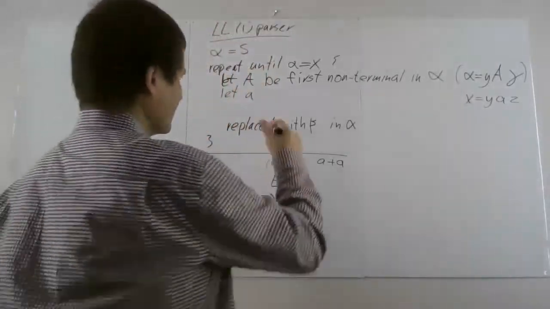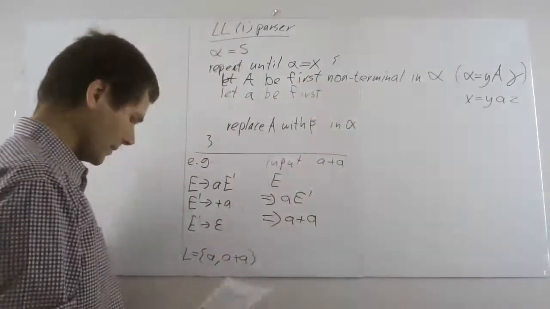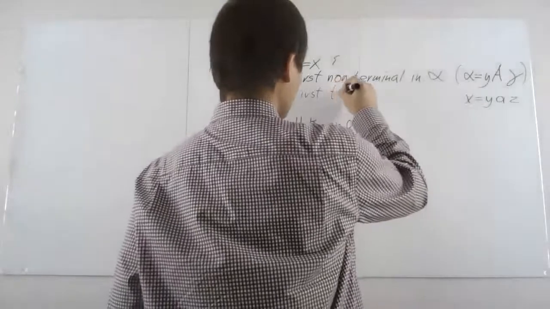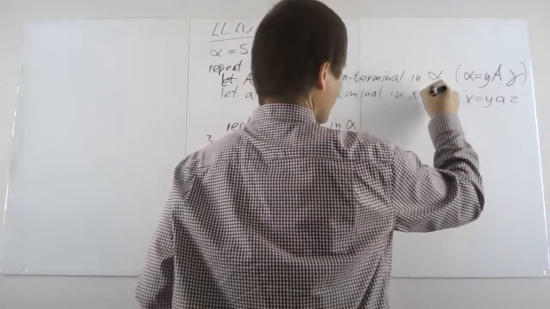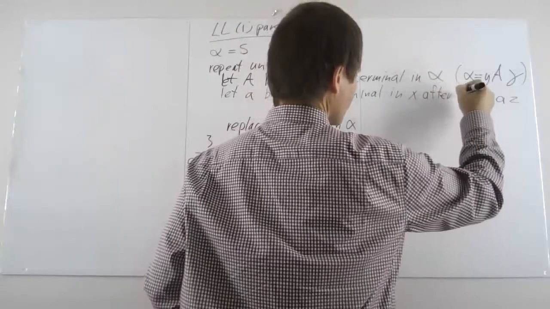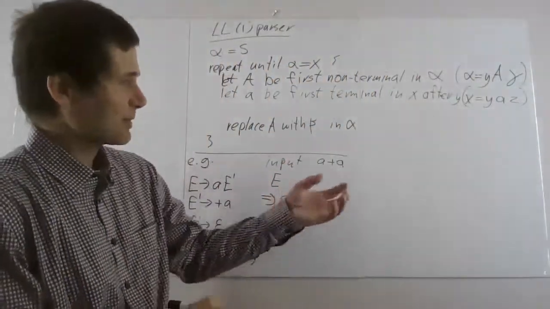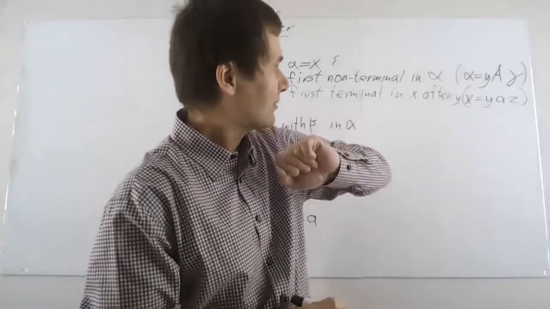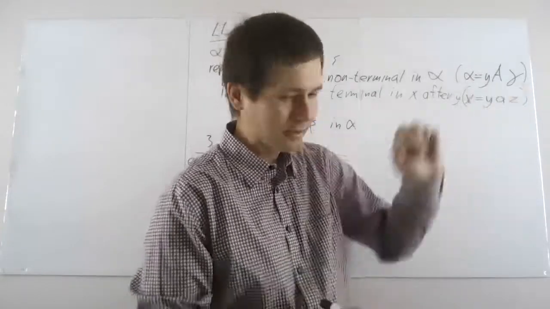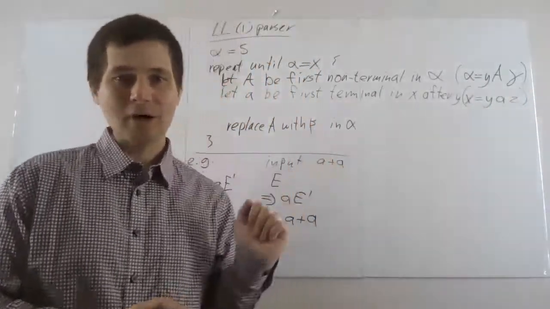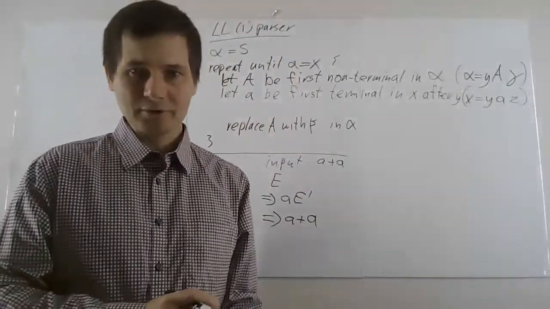So let a be the first terminal in X after Y. Then in brackets, X has to be some prefix of alpha, and then some more terminals, the first of which we're going to call A, and the rest we're going to call Z. A is one terminal symbol, and Y and Z are some sequences of terminal symbols.